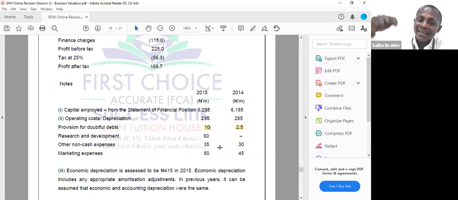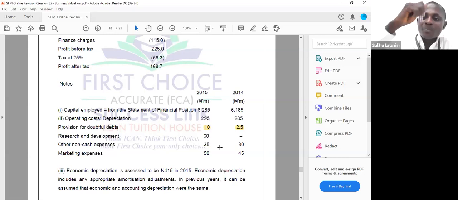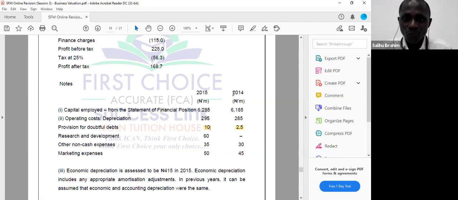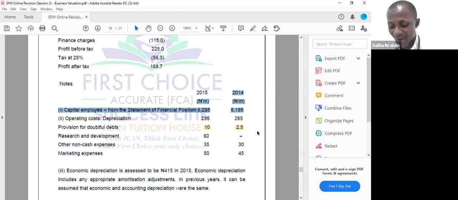It means that at the beginning of 2015, provision for doubtful debt was what? 12.5. Now, it increased by 10 in 2015, and that is what brought the figure to 22.5. So, what's the implication of that? The implication is that as at the end of 2014, provision for doubtful debt was 12.5.